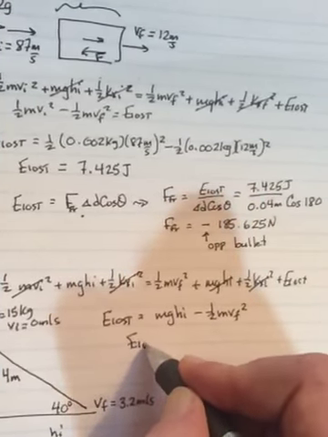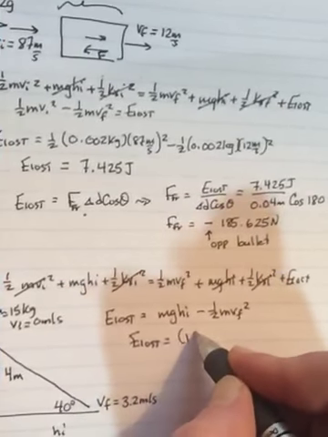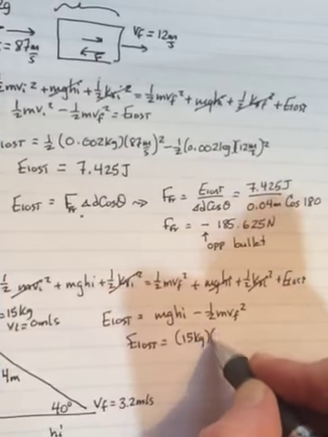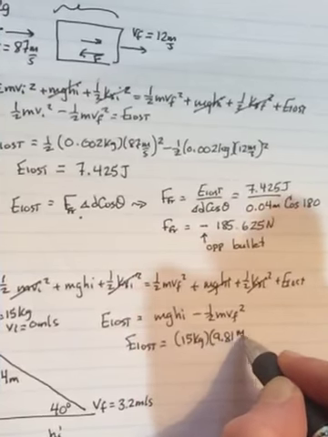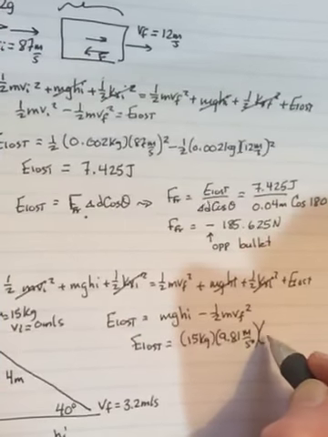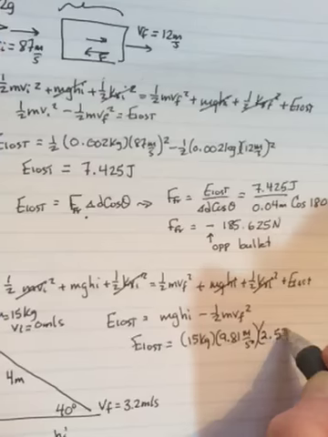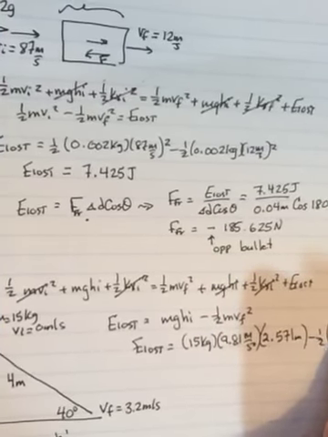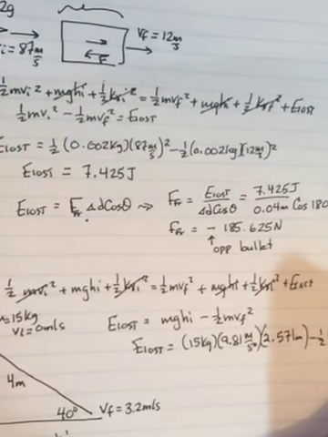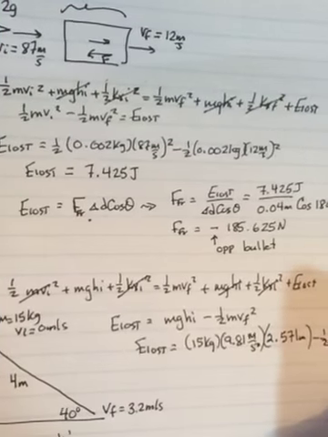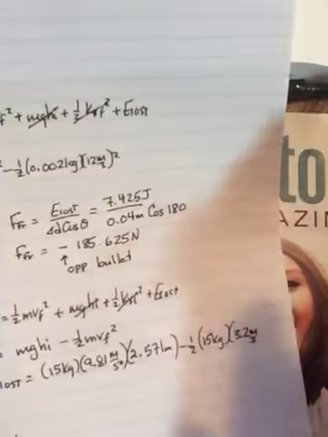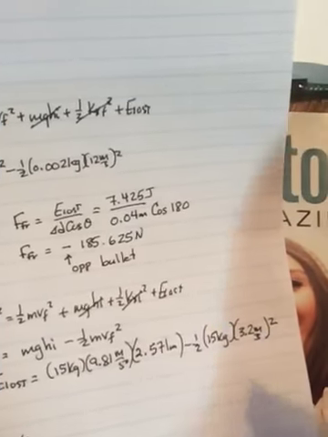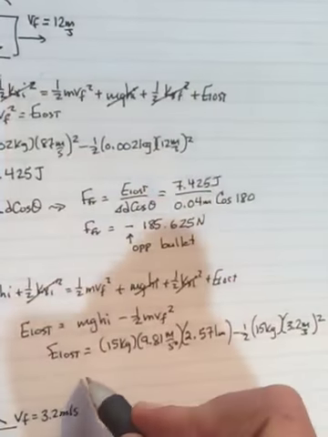Fill in your numbers. E lost is equal to 15 kilograms times 9.81 meters per second squared times the height, that 2.571 meters we just found, minus 1/2 times 15 kilograms times 3.2 meters per second, squared. Okay, so do the math.